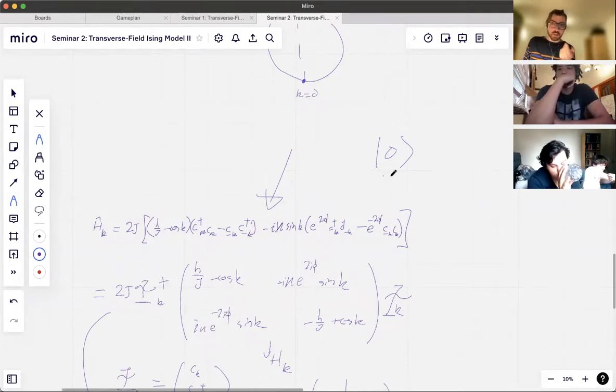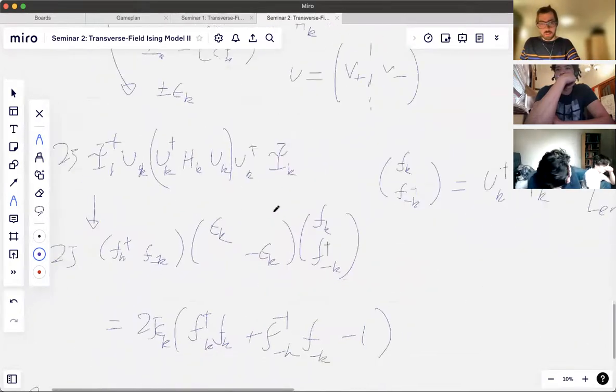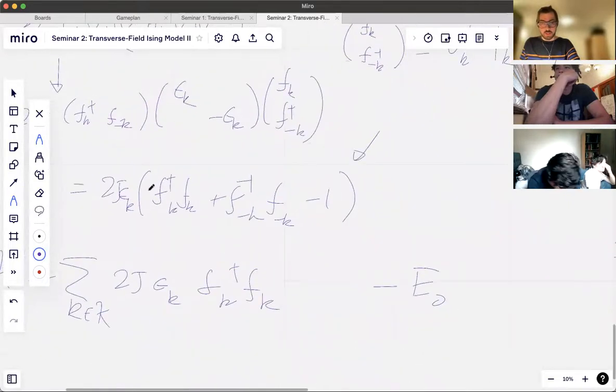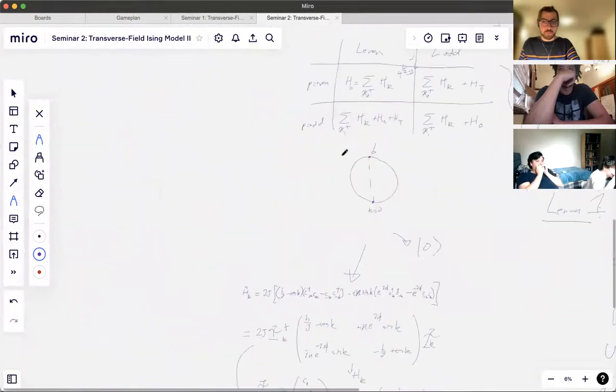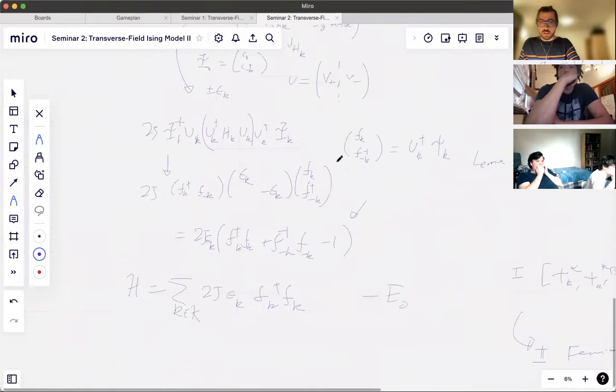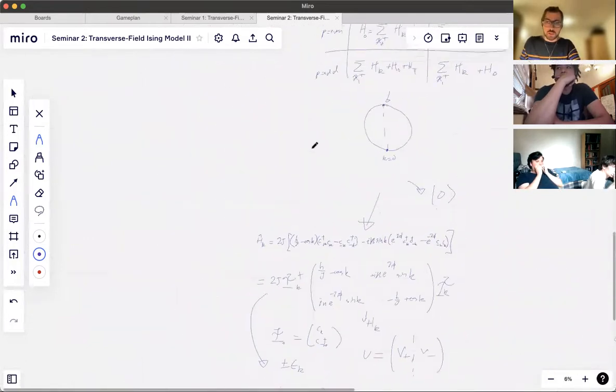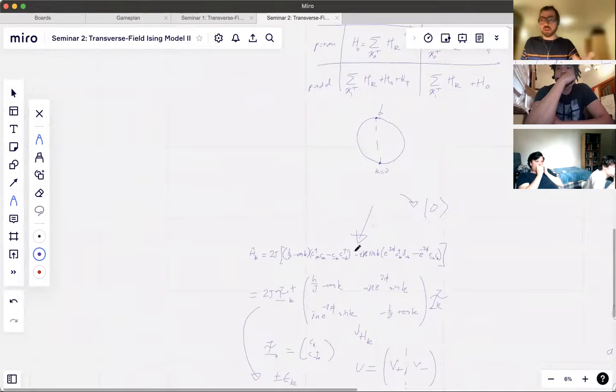There are linear combinations of operators that can act on this to lower the energy. The vacuum is the state of lowest energy. The f dagger f terms are all positive definite, we don't care about them, but this minus 1 is very not positive definite. It means that the system with none of the original c fermions in it was actually an excited state of the system.